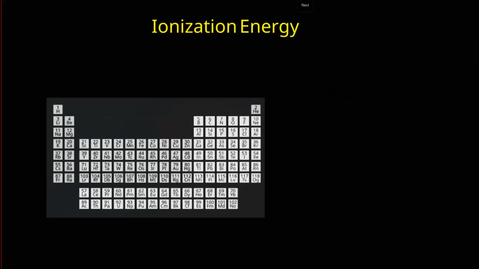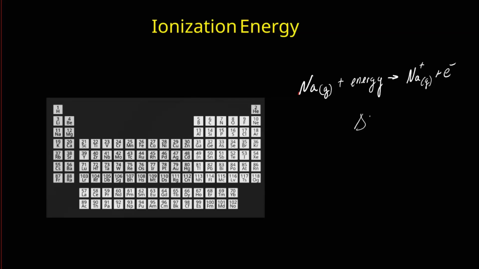The ionization energy is the energy needed to remove a ground state electron from the gaseous state of an atom or ion. Note that the ionization energy is usually positive because energy is being added to the system. An example will be something like sodium gaseous plus energy will produce a positive sodium ion, again gaseous, plus an electron.